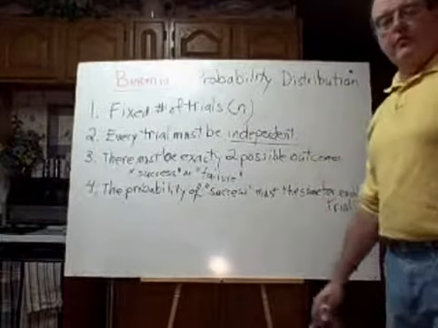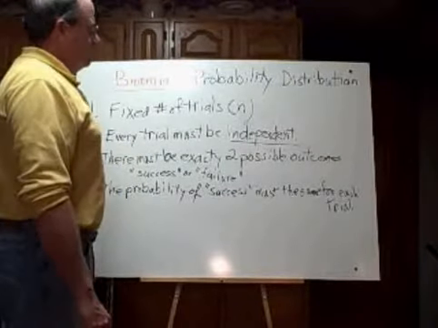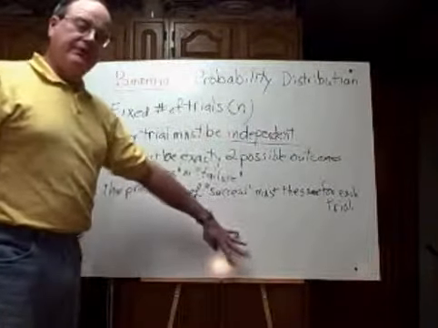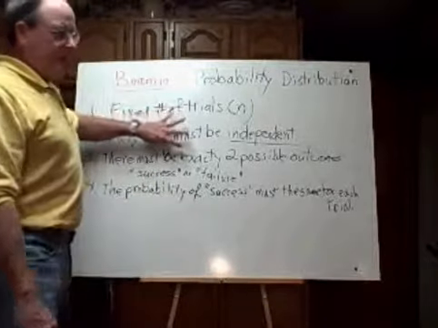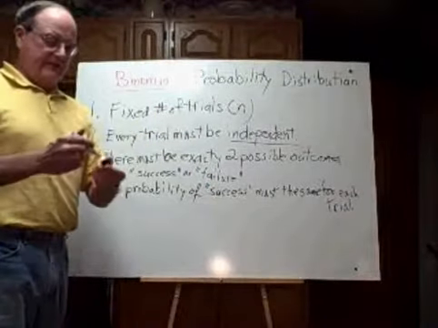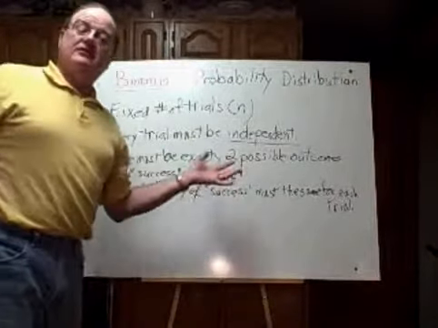Okay, there are the 4 requirements. Now, there's a 5th item I want to talk about, but I'll save that for a little bit later. These are the 4 requirements. The 5th item talks about exactly what the binomial distribution looks like.